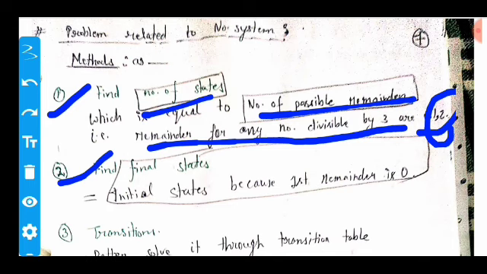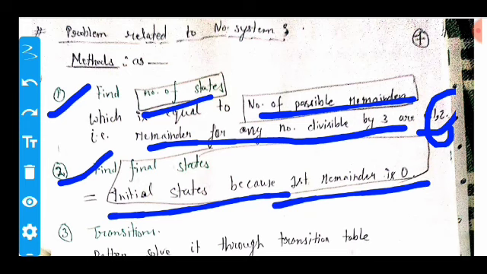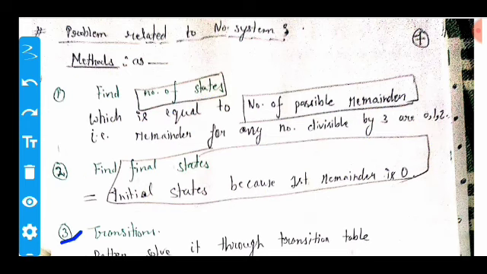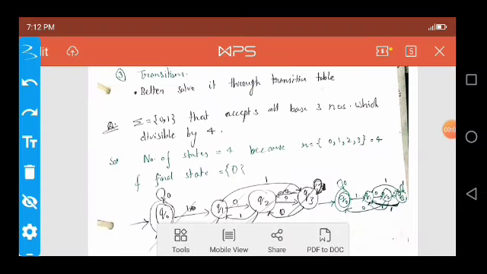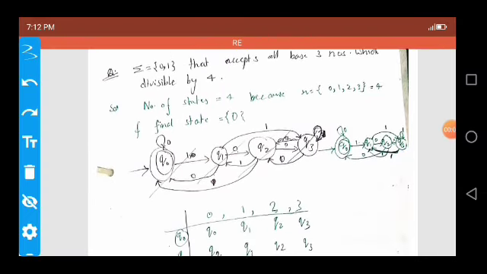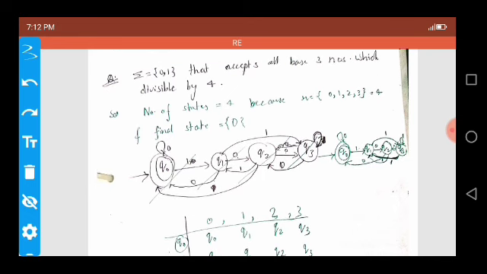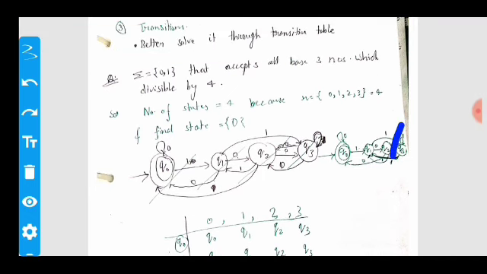The final state is equal to your initial state because the first remainder is 0. And for transitions, it is better to solve them through terms related to divisibility and the number system. So here the question is: sigma equals 0, 1, that accepts all the base 3 numbers which are divisible by 4.